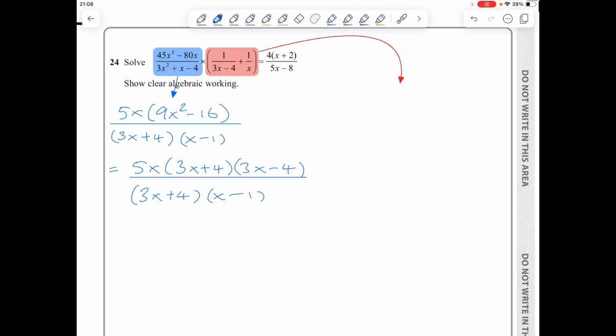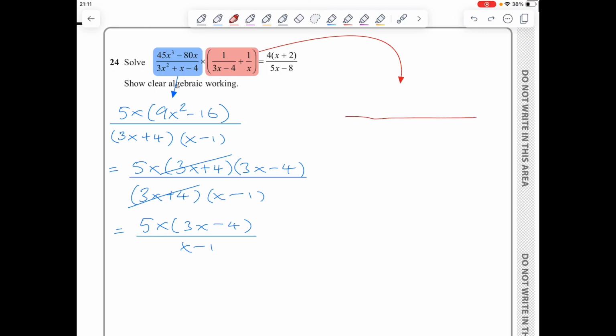The 3x plus 4 cancels out. So I'm left with 5x times 3x minus 4 over x minus 1. I'm going to leave this as it is. Next, I'll proceed with the red expression. I'll write those two fractions as a single one.